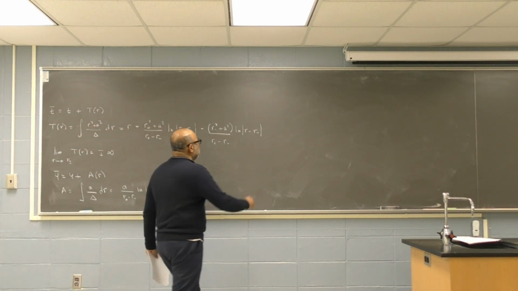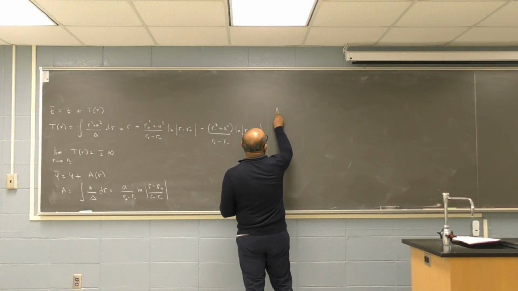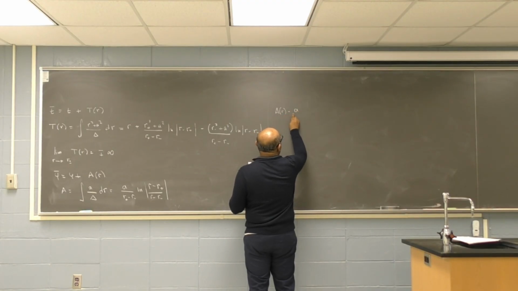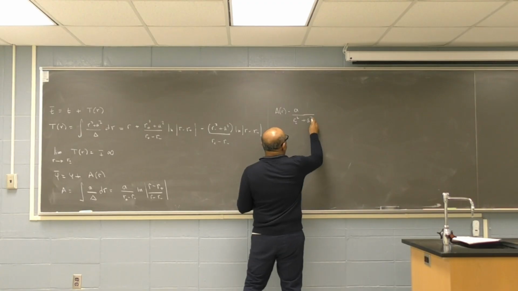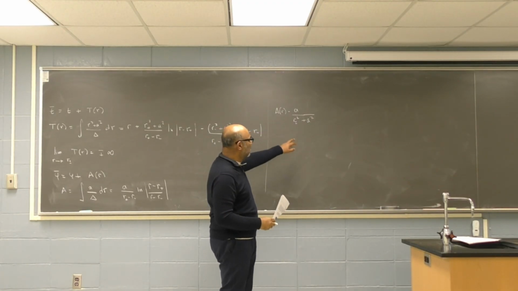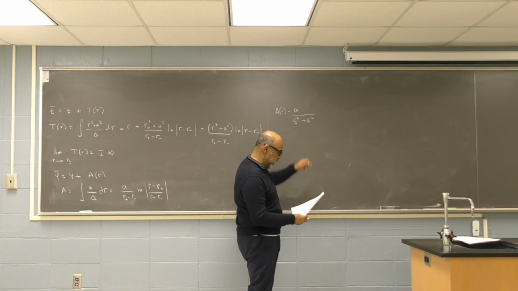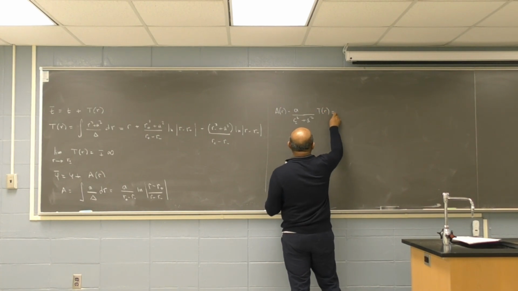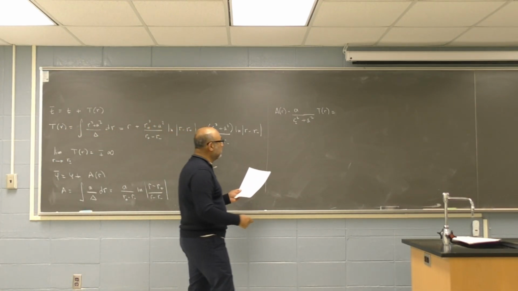The first observation I'll make is this important result, A of R minus A over R plus minus squared. I don't know if the recording is very clear, so as I write it, I'm going to read it out. It's A over R plus minus squared plus A squared plus T of R. But you have these two expressions right here, and when I insert them, I'll get the following.